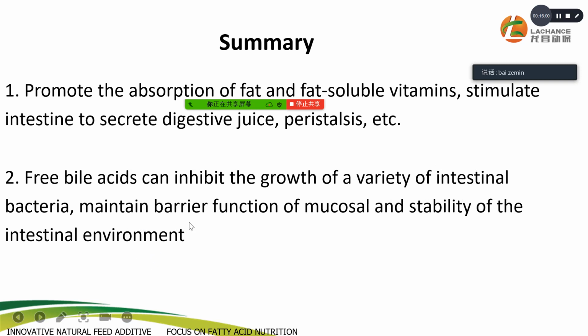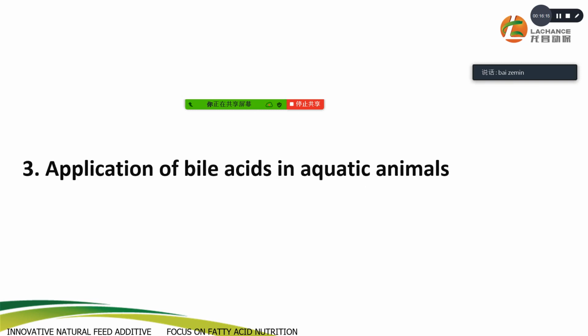As we all know, most drugs cannot get across the blood-brain barrier, but bile acid can. Now, for the human being, they have such kind of evidence.